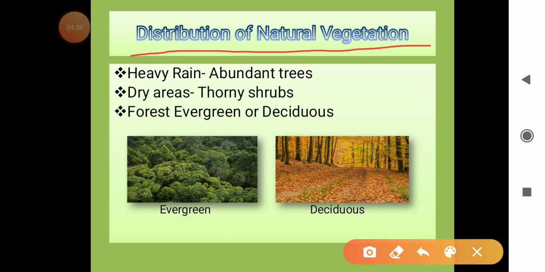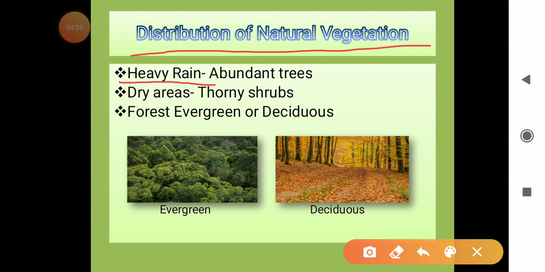So, forests are associated with areas having abundant water supply and have heavy rainfall and huge trees.